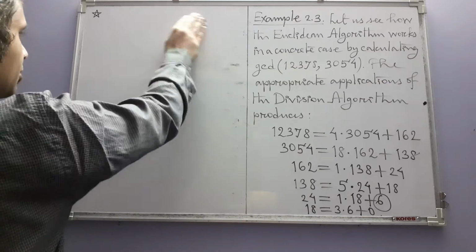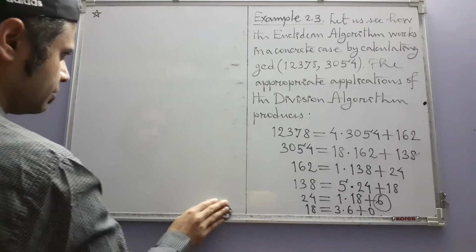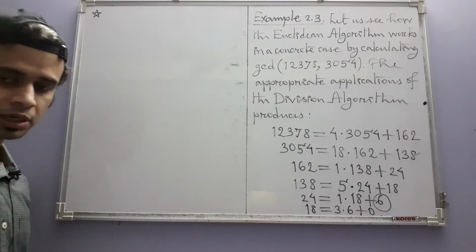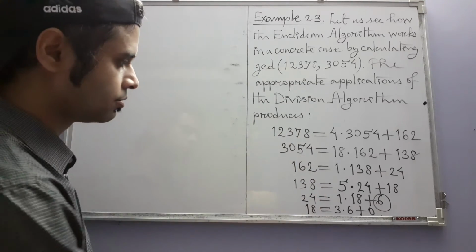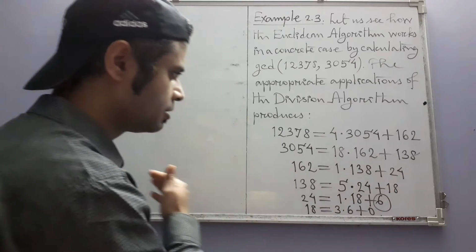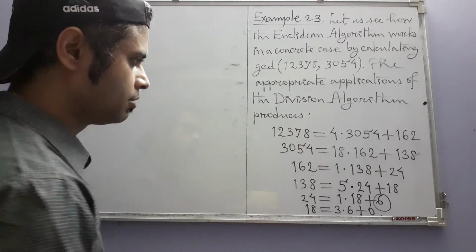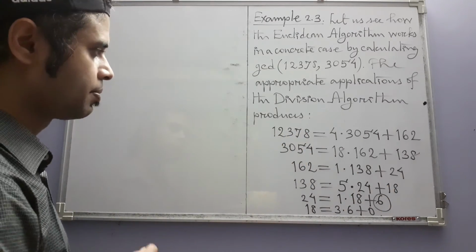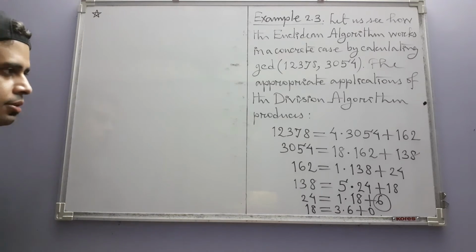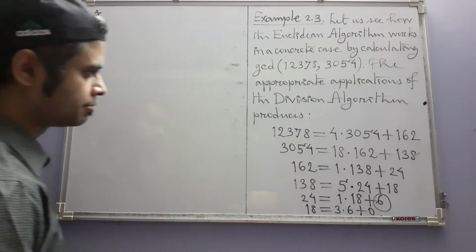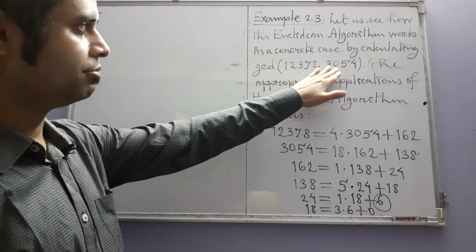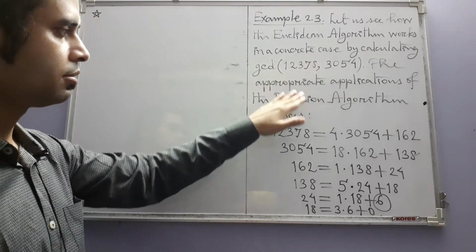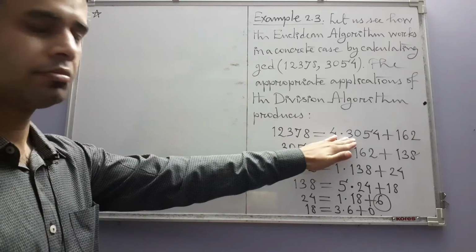Now the next job, this is not over yet. We have found the GCD, but we will now use these equations to express the GCD 6 as a linear combination of these two numbers. But before that, let me tell you something about this starting point. Say you decide to divide this by this and not like this.